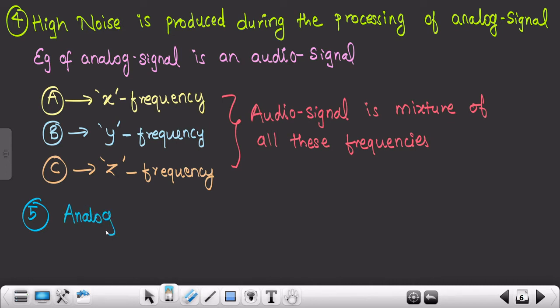Analog circuits are tough to design. So this is the fifth point. You will be in a position to understand this point when we design certain analog electronics circuits.